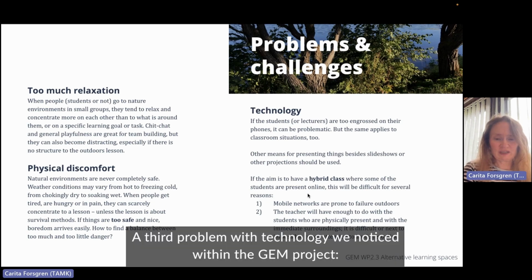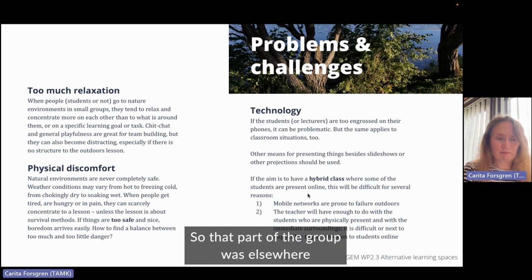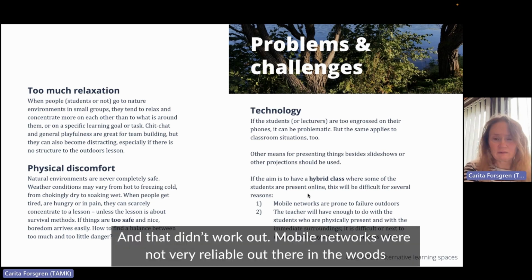Another problem with technology that we have noticed in the GEM project is that we tried to hold a hybrid class, so that part of the group was elsewhere, maybe outdoors in another country, or they were in a classroom, and that didn't work out. The mobile networks were not very reliable out there in the woods.